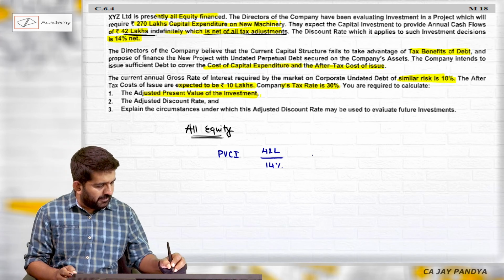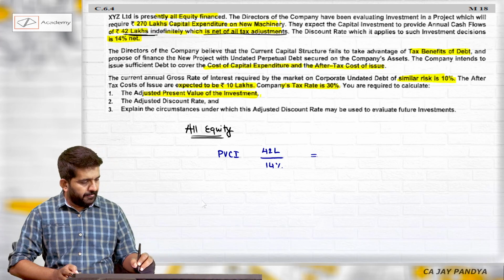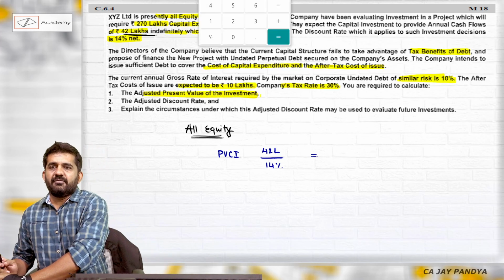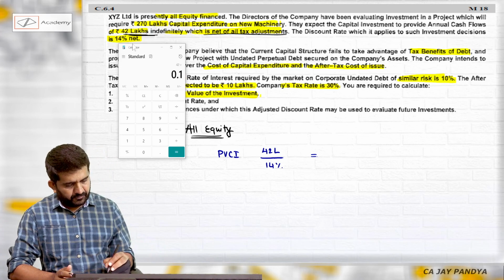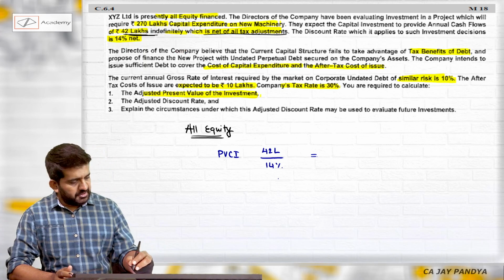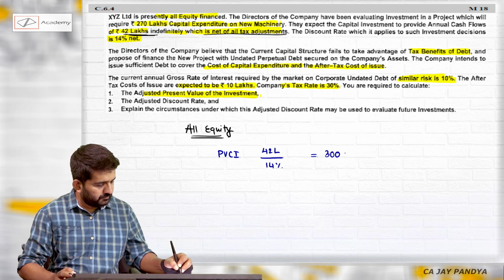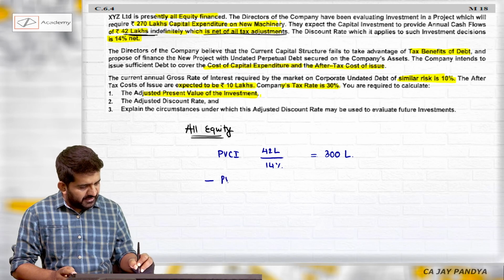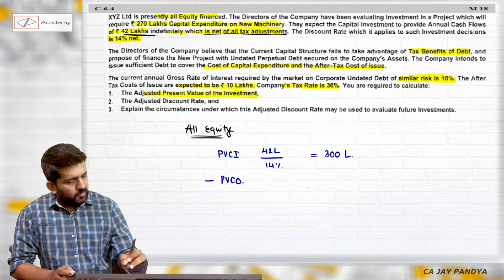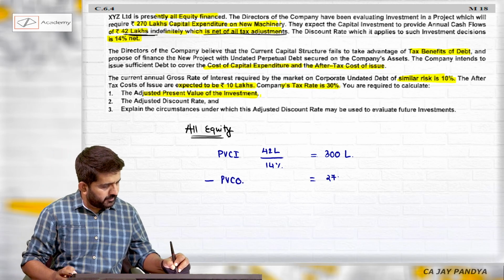This will become my present value of cash inflow, which is 42 lakhs divided by 14%, which is 300 lakhs, minus the present value of cash outflow. What is my investment? 270 lakhs.